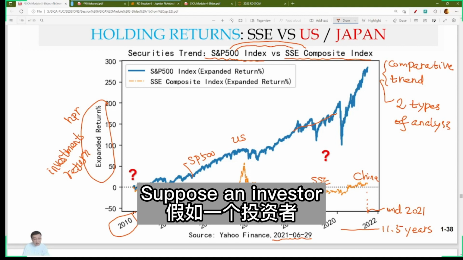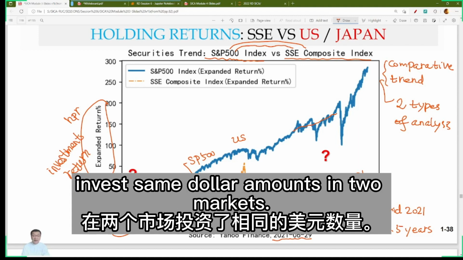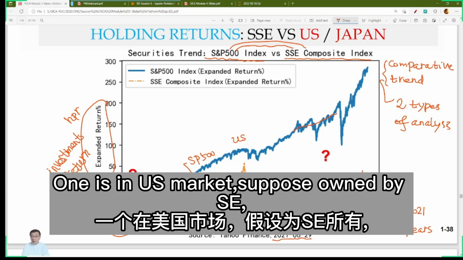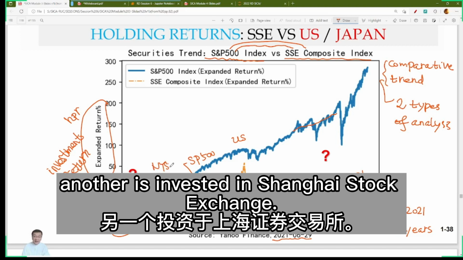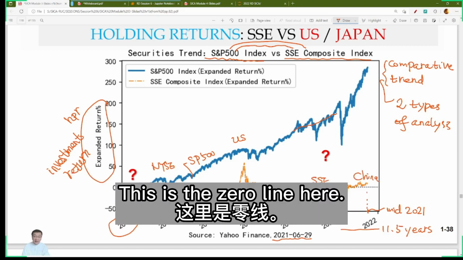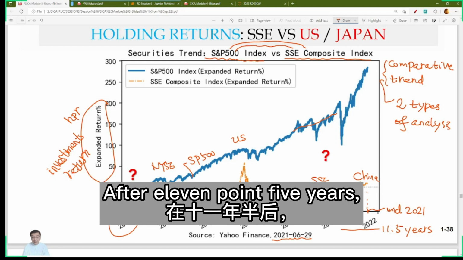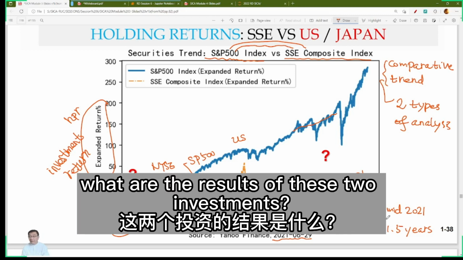Suppose an investor invests the same dollar amounts in two markets. One is in the US market, suppose NYSE. Another is invested in Shanghai Stock Exchange. This is the zero line here. After 11.5 years, what are the results of these two investments?